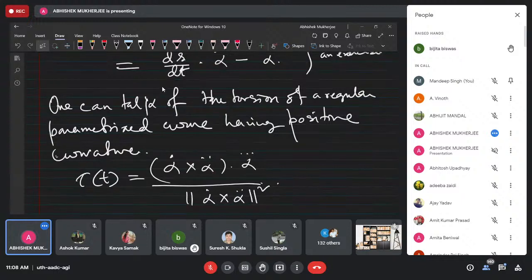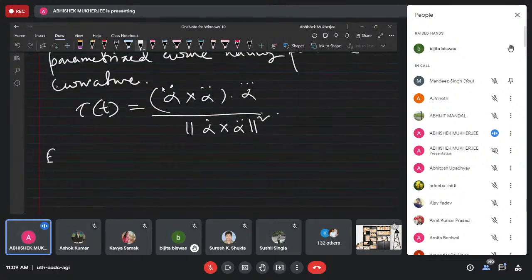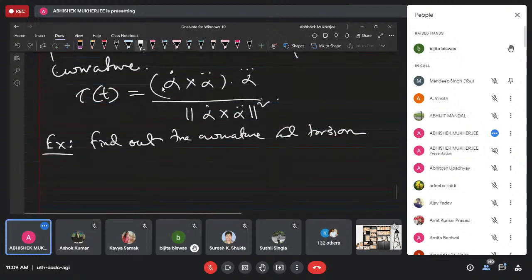So I think I will leave this also as an exercise, to find out the curvature and torsion of the circular helix.